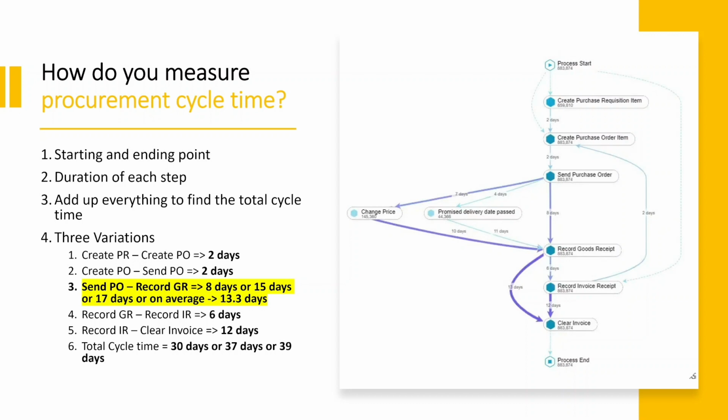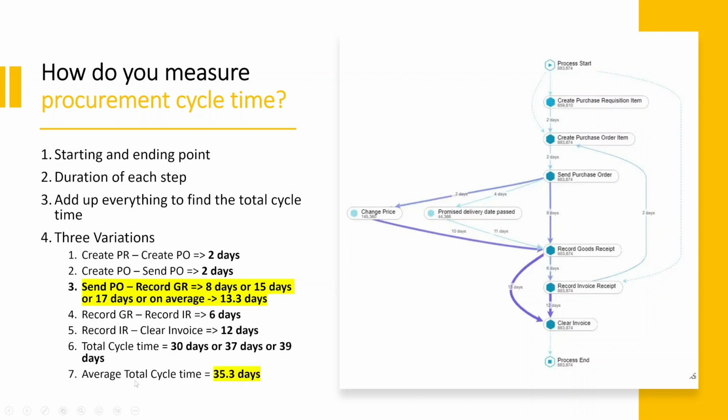So if you put all that into account, you can take the average time taken between PO and GR, which is 13.3 days. What I did is simply averaging it out, the 8 plus 15 plus 17 divided by 3, which is 13.3. We can take that as an average duration between this process.